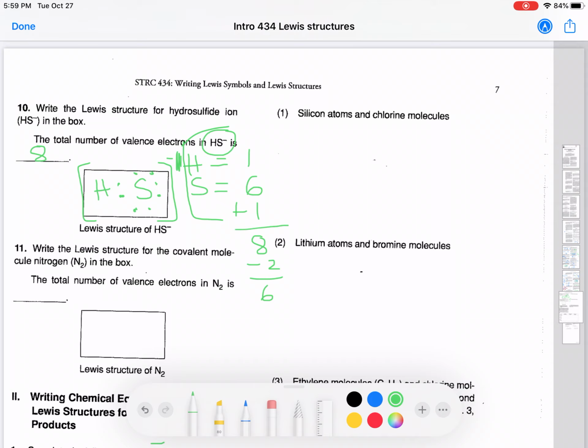Okay, and then the Lewis structure for nitrogen. Nitrogen, you can see nitrogen is in group 5. So there are 2 nitrogens. So group 5, 2 times 5 is 10 electrons. So we're going to distribute these 10 electrons between 2 nitrogen atoms to draw the Lewis structure.